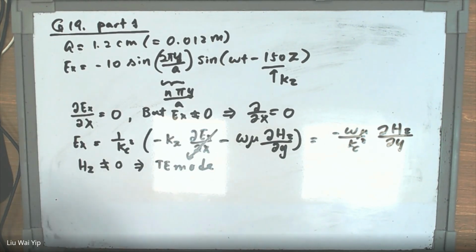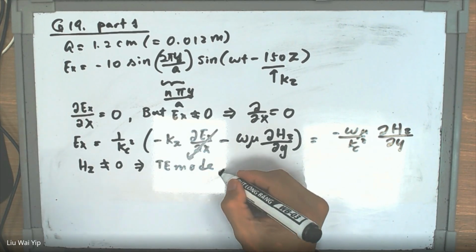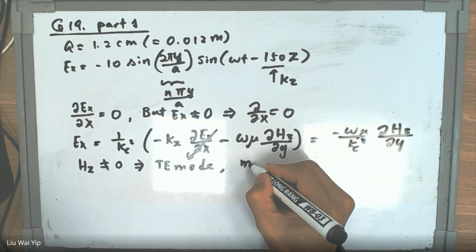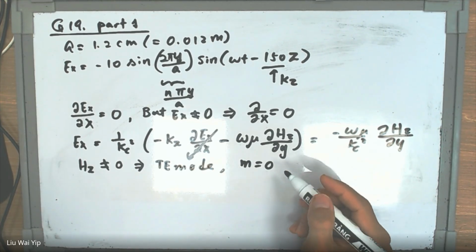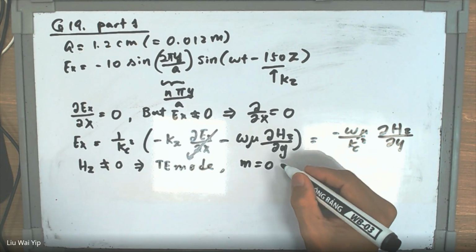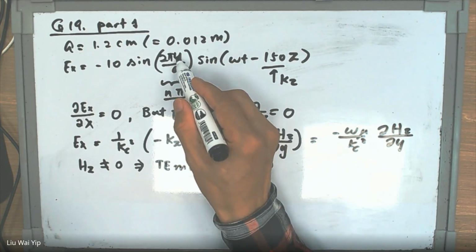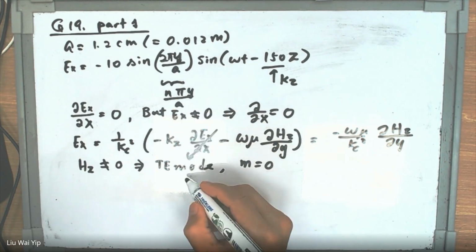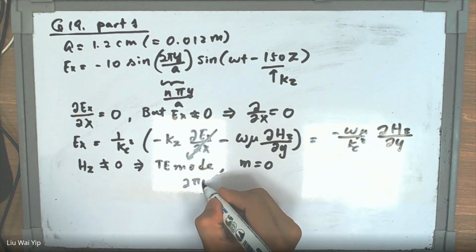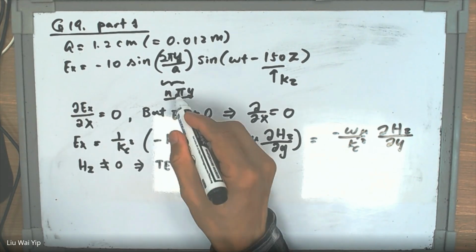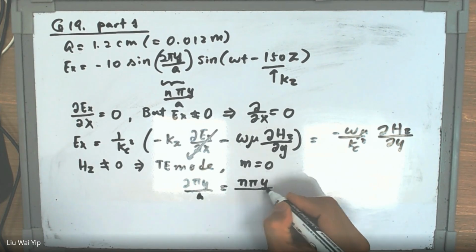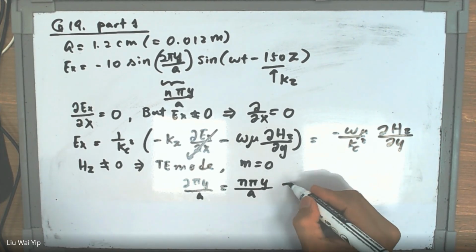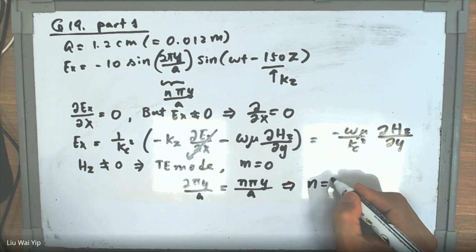It is a TE mode, and m is 0 because there is no x direction. And n, what is n? We can calculate from here: 2 pi y over a, and this is supposed to be n pi y over a. So this means n is equal to 2.